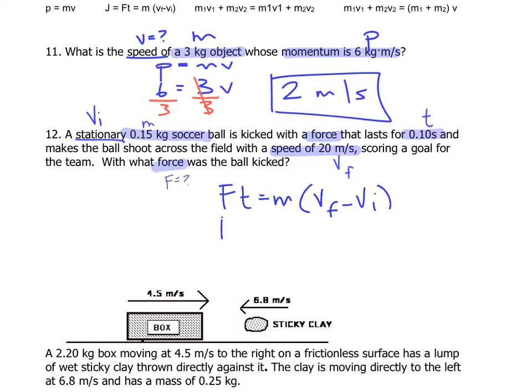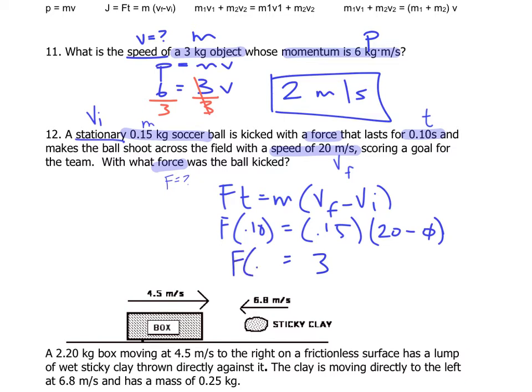And if I substitute in here, force is unknown, my time is 0.10, mass is 0.15, final velocity is 20, initial velocity is 0. So 20 minus 0 gives me 20. And if I multiply that by 0.15, I get 3.